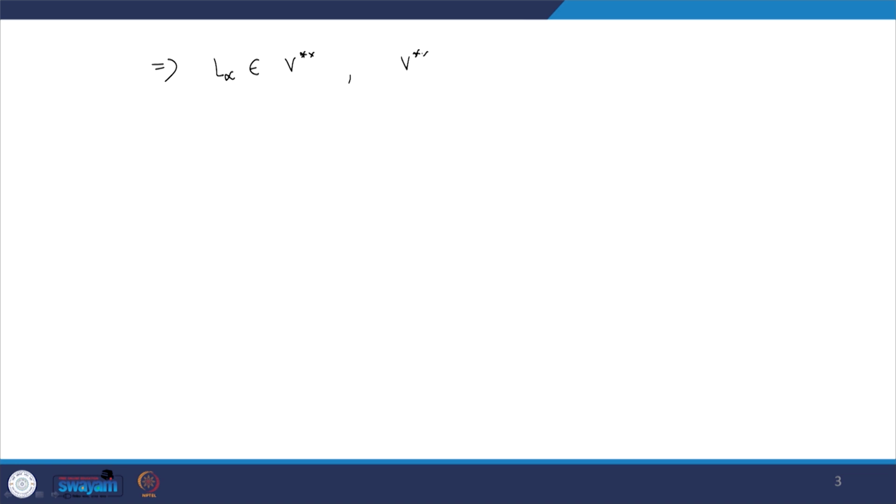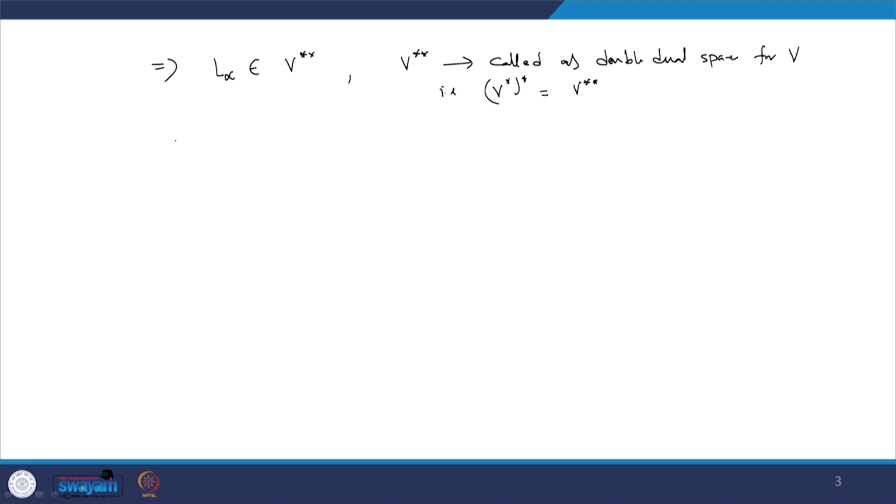V star star is called the double dual space for the vector space V. That is, the dual of V star equals V double star. So, we see that for each alpha one can introduce a linear functional L alpha defined like what we have already done.